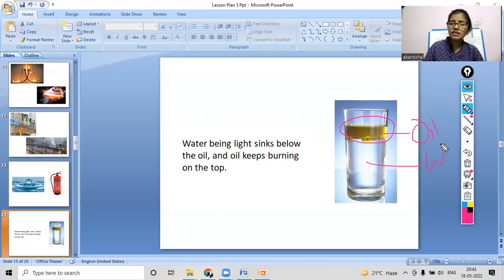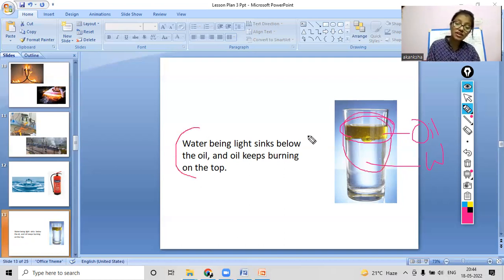As you all know, oil catches fire very easily. So if oil is burning and we put water into it for extinguishing the fire, can you think why the water will not work to extinguish the fire in the oil? Yes, with this example, you can read this part also.